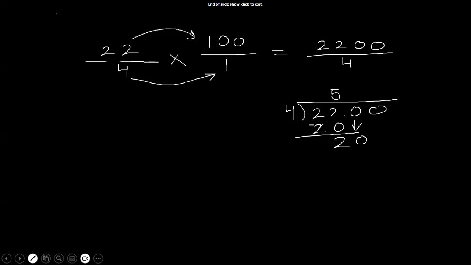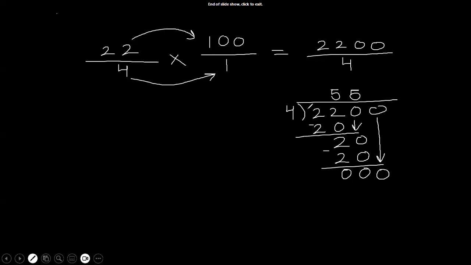How many times does 4 go into 20? 5 times. 4 times 5 is 20, and 20 minus 20 is 0. Are we finished? No, you still have to bring down the other zero. Do y'all know how to divide?